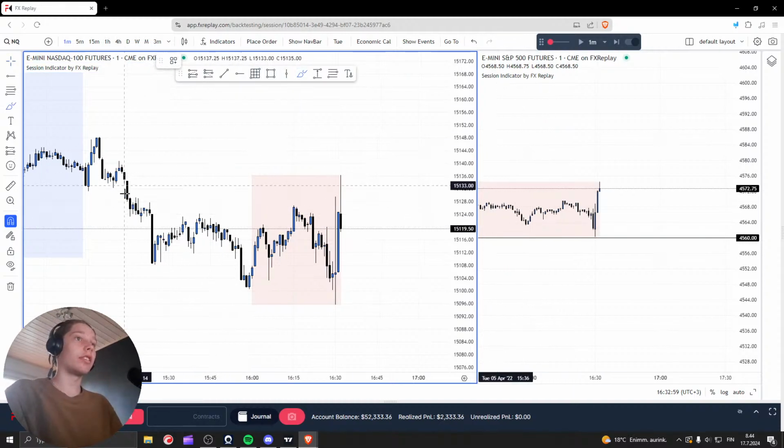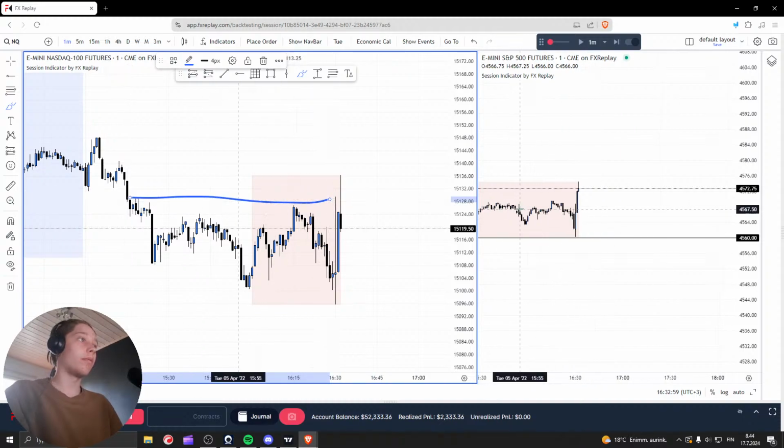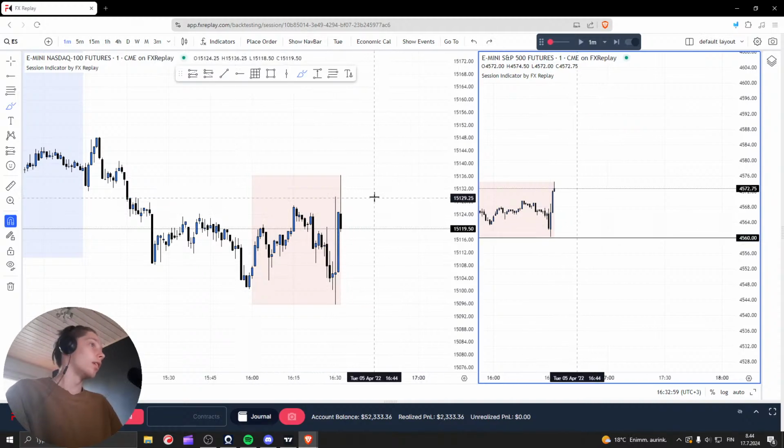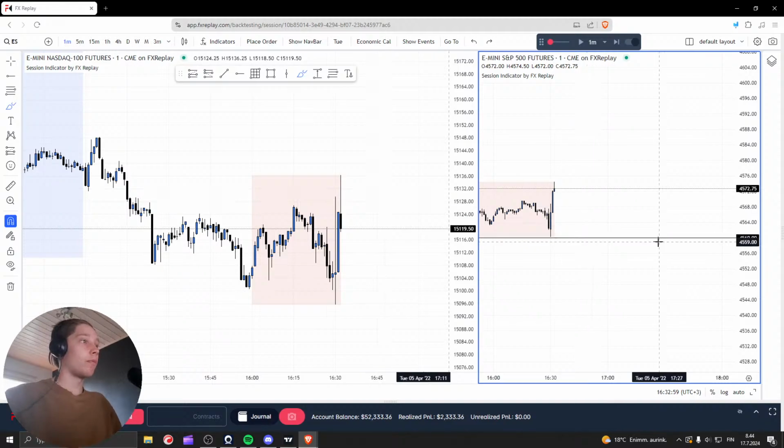This could be the initial manipulation, like a higher, because look, ES created almost equal lows there. That's pretty much equal.